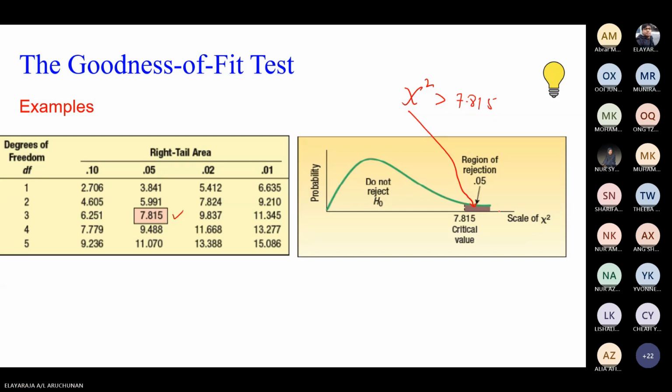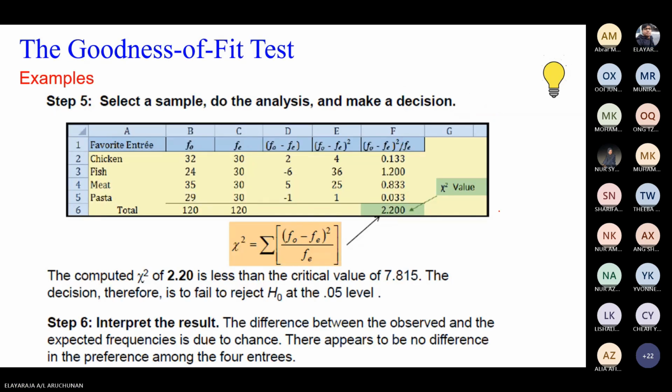Now, moving on, we're going to calculate using a formula. This is step 5. We're going to do the test analysis based on the chi-square formula.